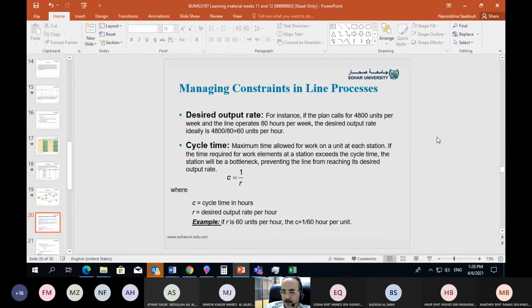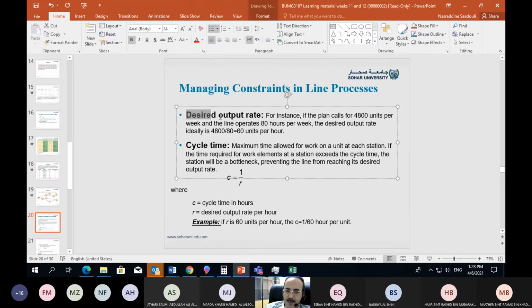Some values that we are interested in knowing. The first thing is the desired output rate. Desired means what we want, and what we desire will obviously depend on the demand.